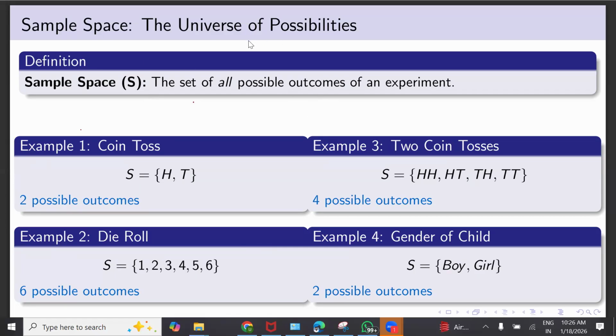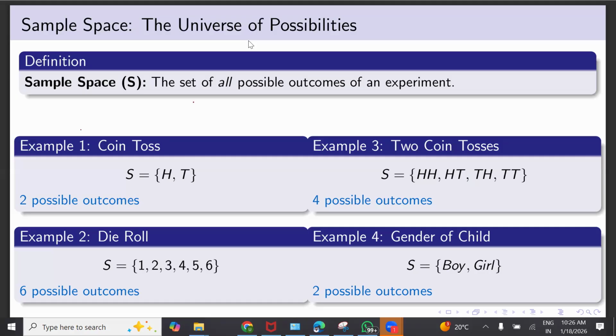Sample space is the set of all possible outcomes of an experiment. Example number 1, coin toss. The sample space is either head or tail, so 2 possible outcomes. Example number 2, die roll. The sample space is 1, 2, 3, 4, 5, 6. There are 6 possible outcomes.